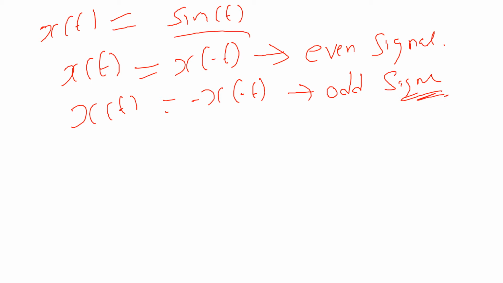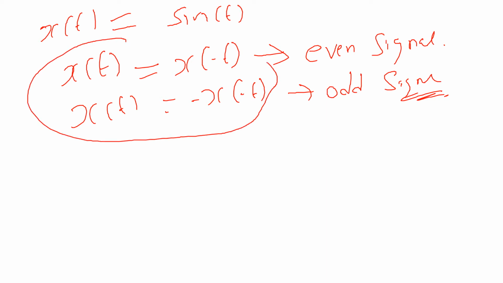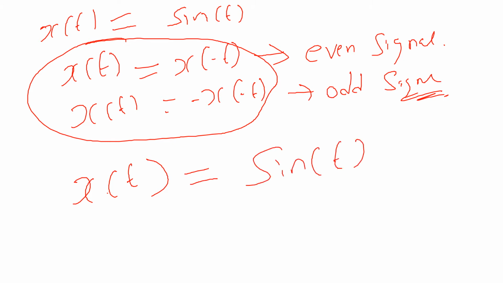So these are the two basic conditions to check which particular type this signal belongs to. Let's check. x of t is equal to sine of t.